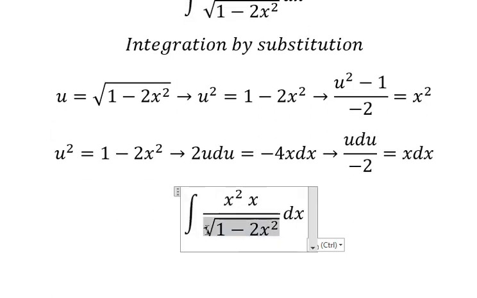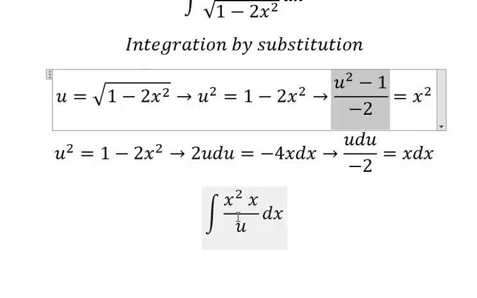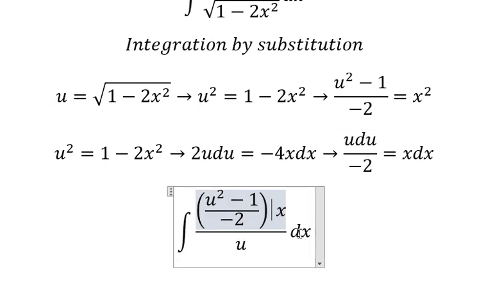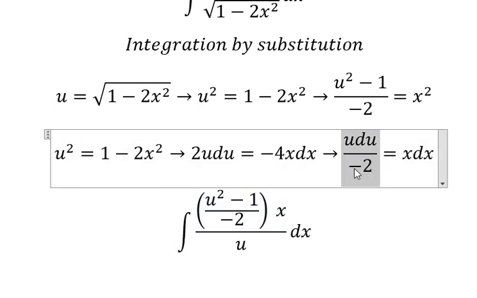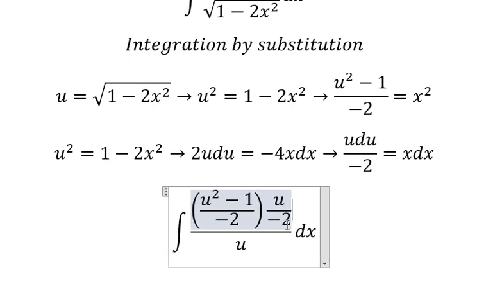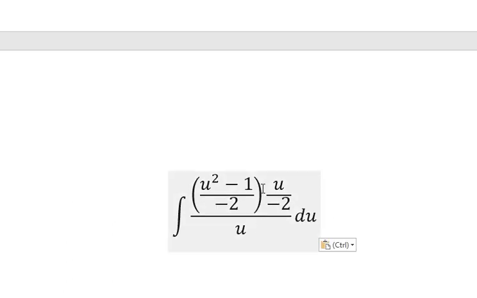So the square root we change by u. s squared we change by this one. s ds we change by this one. So we need to simplify u and u, we cancel.